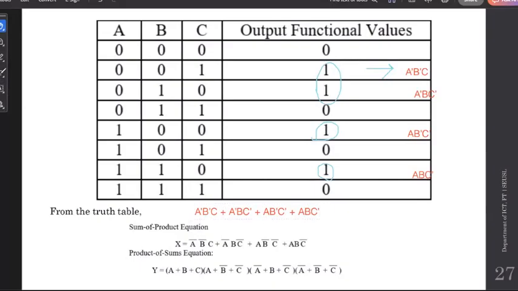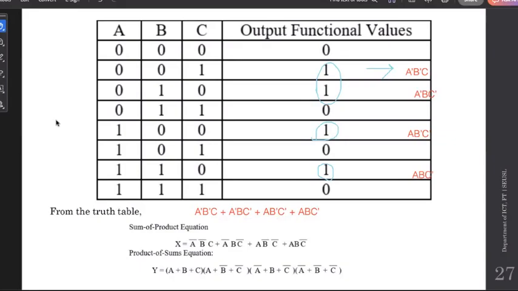And the other way, if the question asks for the product of sum, what do we need to check, 1 or 0? 0.